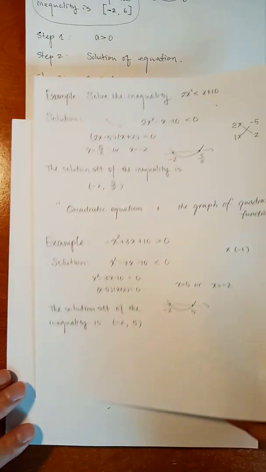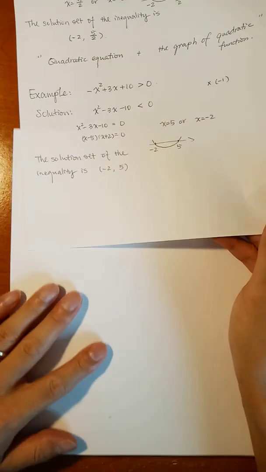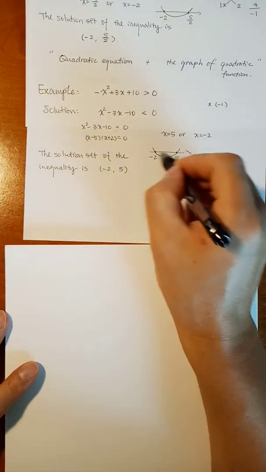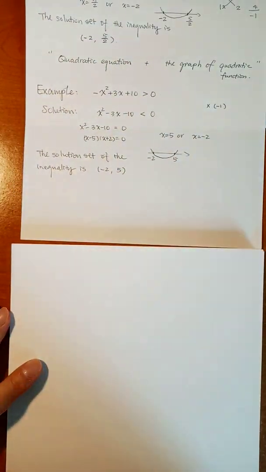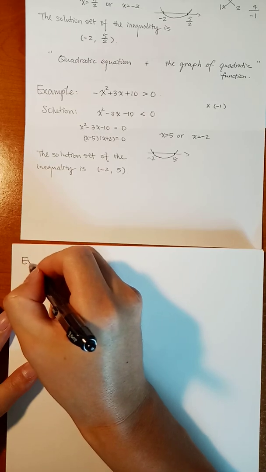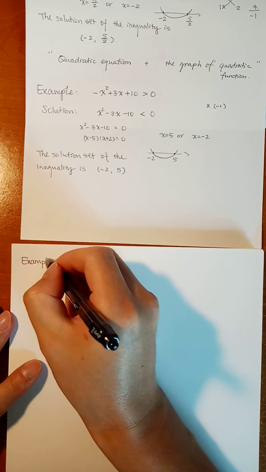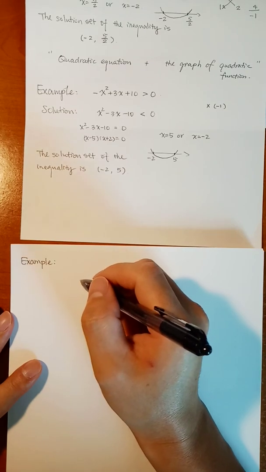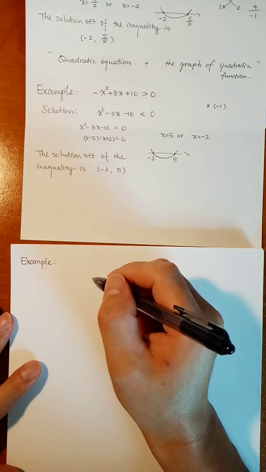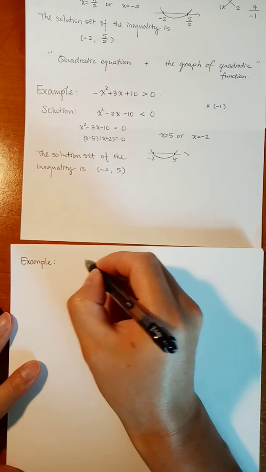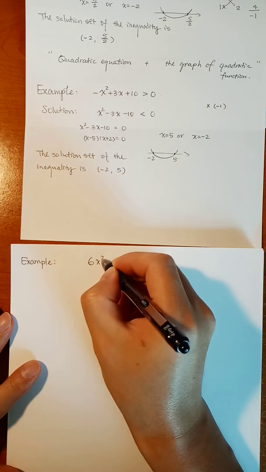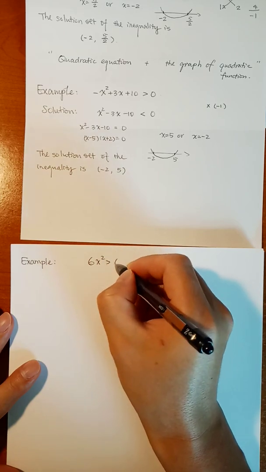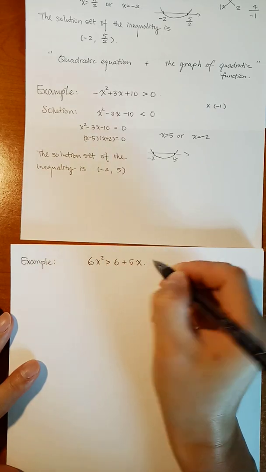Let's see more examples. In the current example, we always have the interval between those two solutions. Let's see another example where the solution is the outside two branches. Okay, let's see, we have 6x squared greater than 6 plus 5x.